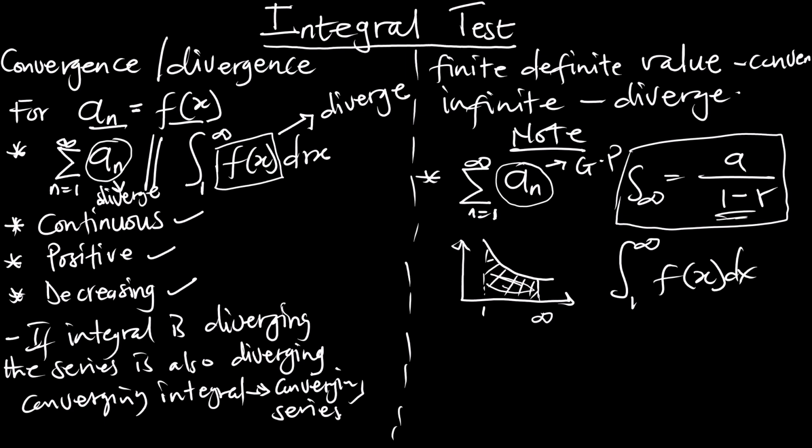It will tell us if it converges or diverges, because this will either give a definite value or it will diverge at infinity. Are we okay? So the integration only helps us determine convergence and divergence, and the value you get for the integration is not necessarily the summation of the entire series. That's one.